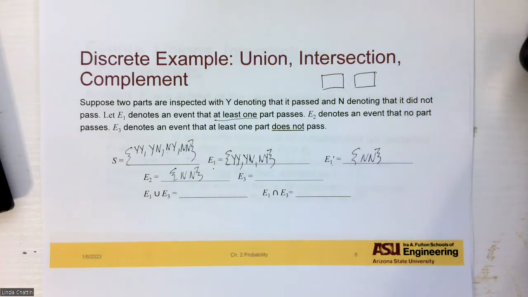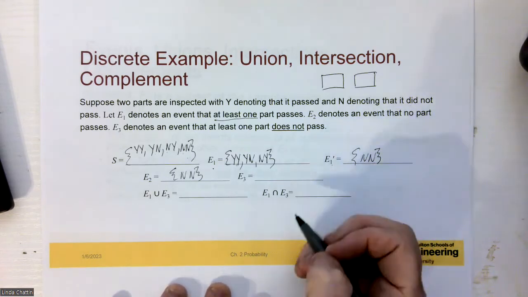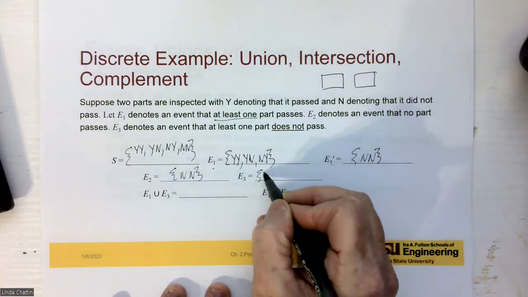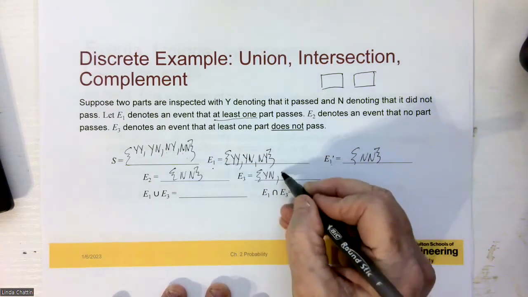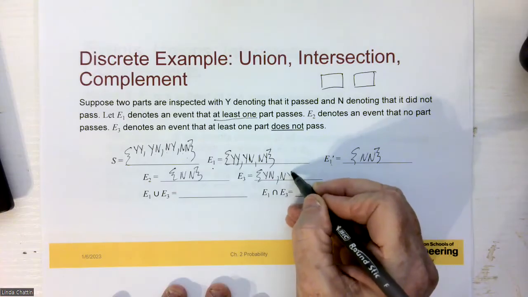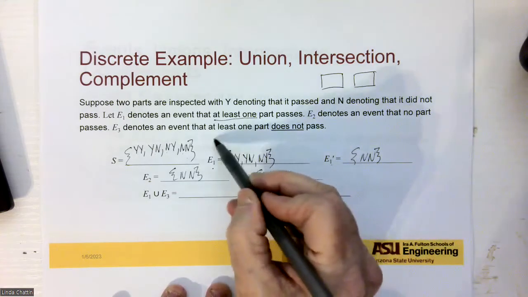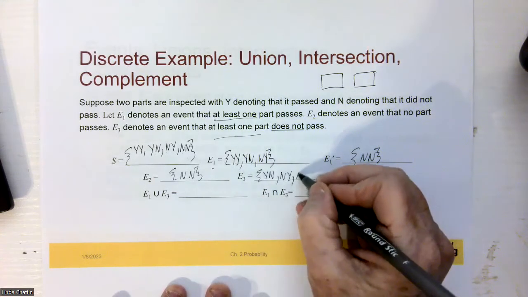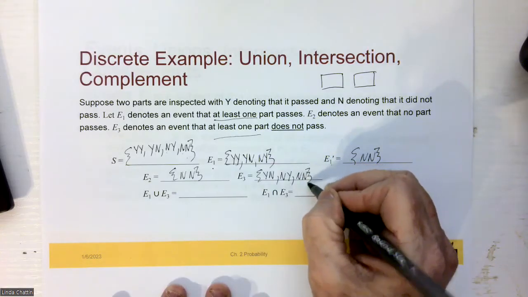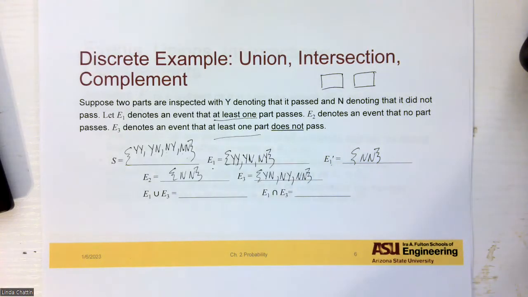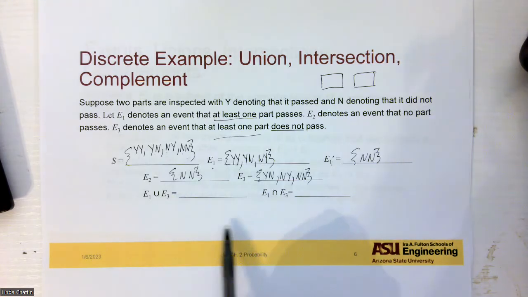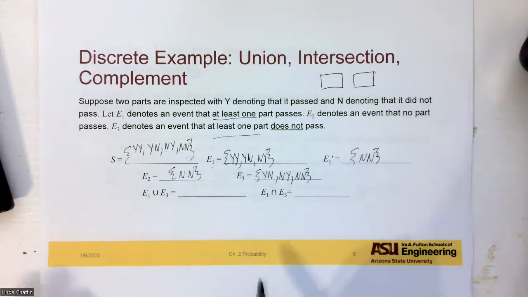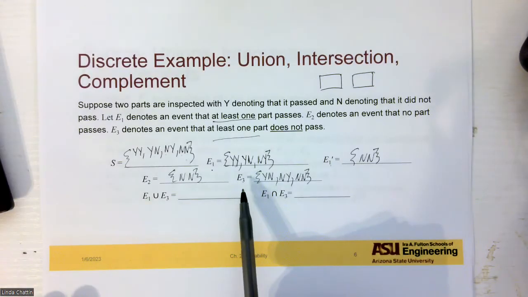So E3 denotes an event that at least one part does not pass. So here we have one part does not pass, the second one. Here we have one part does not pass, the first one, but at least one part does not pass. So here we have two parts that do not pass. So therefore, if I wanted to demonstrate what E1 union E3 is, I'm going to look for everything together.